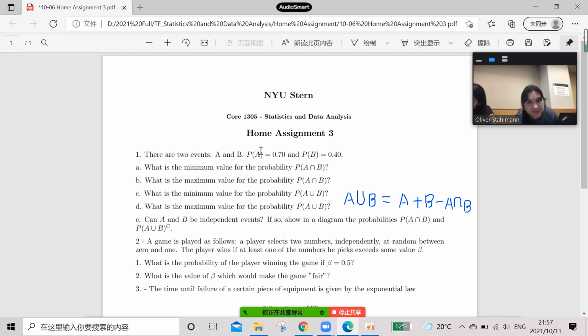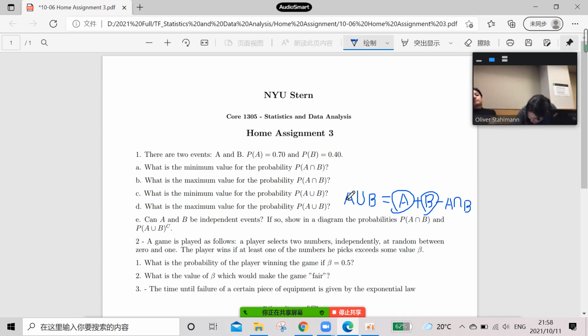For example, if you want A union B maximized, then you're going to have A intersection B minimized, because you just look at this formula. One way to interpret this is to imagine moving the circles on top of each other, touching each other, or sometimes B is absolutely inside A. But if you just look at this formula, the probability of A is fixed, which is 0.7, and the probability of B is also fixed, which is 0.4.